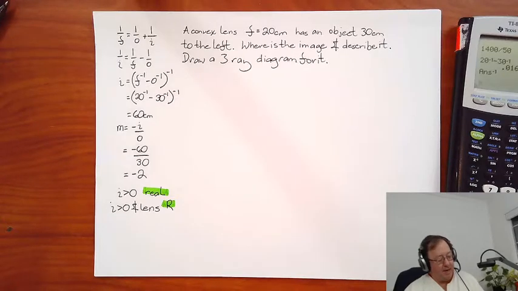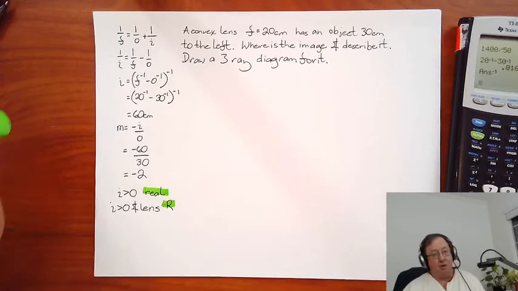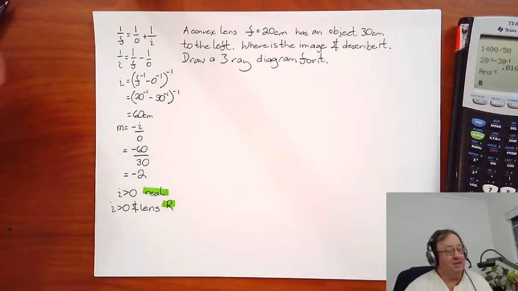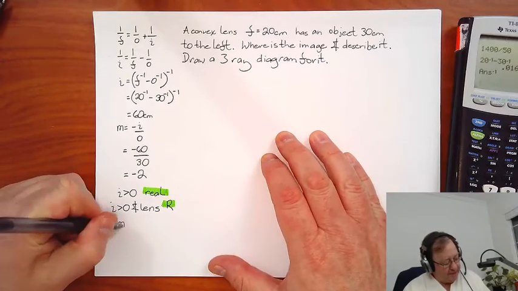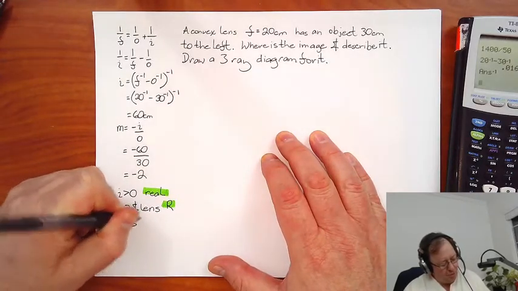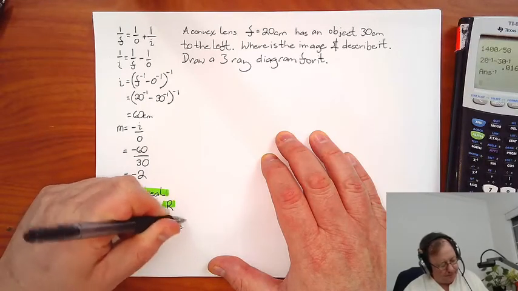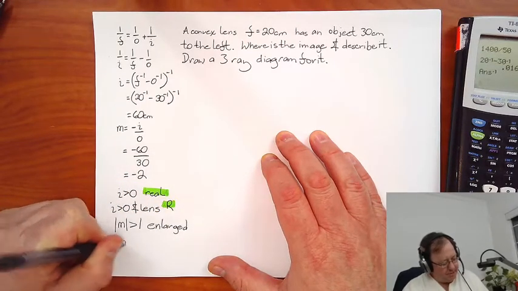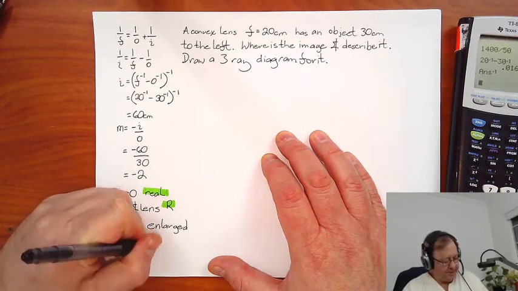But for right now, image greater than 0, it's real. Image greater than 0 and it's a lens, it's to the right. Since the magnification magnitude is greater than 1, it's enlarged. And since the magnification is less than 0, it is inverted.